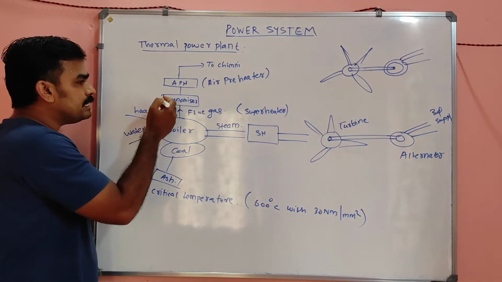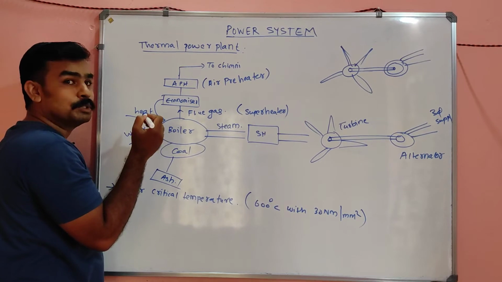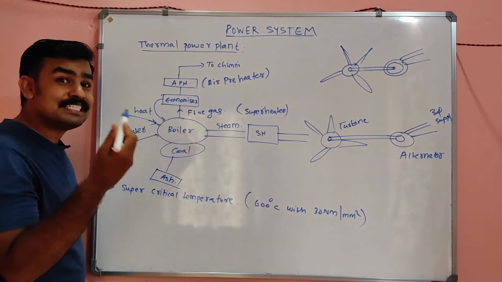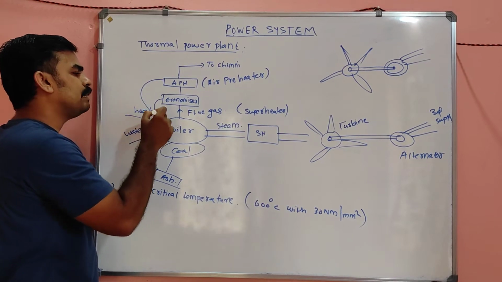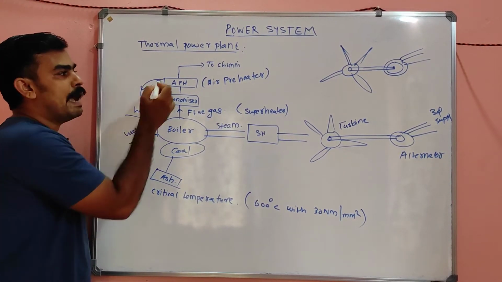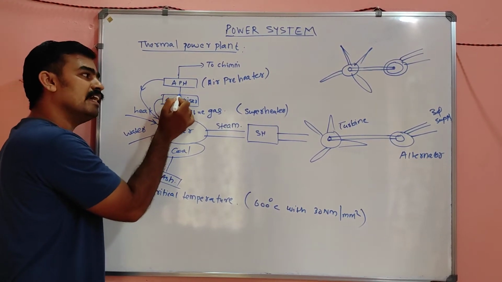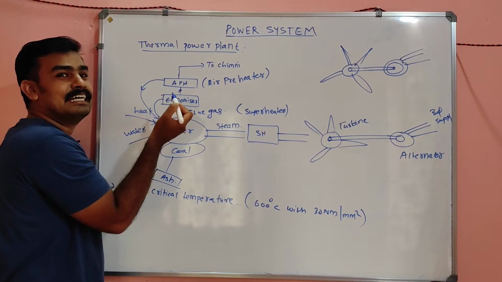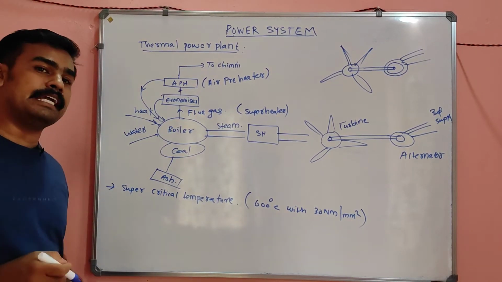That heat is absorbed by the economizer and fed back to the boiler, so that its efficiency will increase. The air preheater does the same function. After the absorption of heat, there is also some heat trapped in the flue gas, which is collected by the air preheater.